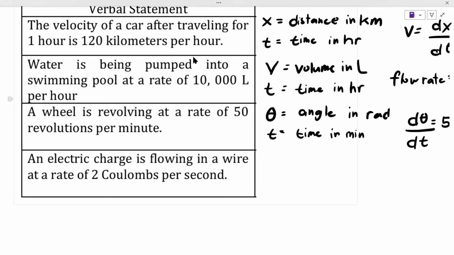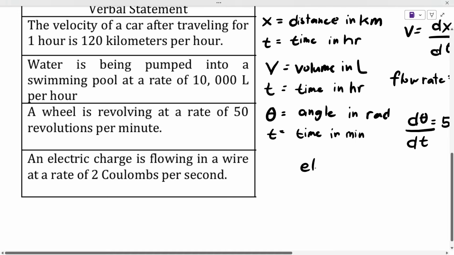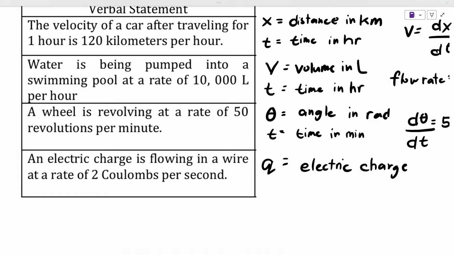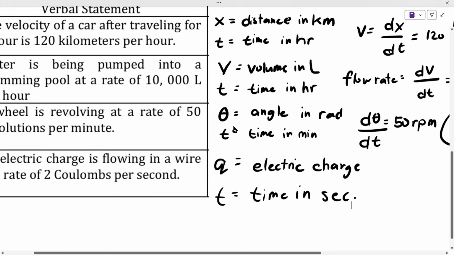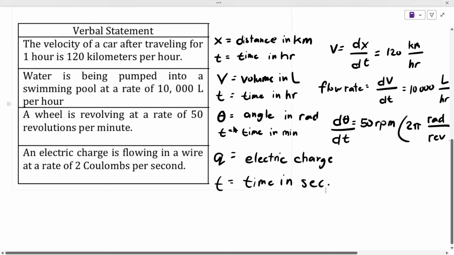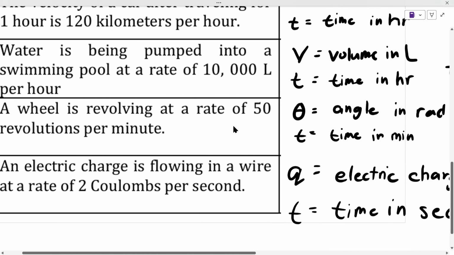The parameters involved here are electric charge, which we represent by Q, and time T in seconds. And we have a rate here, 2 coulombs per second.